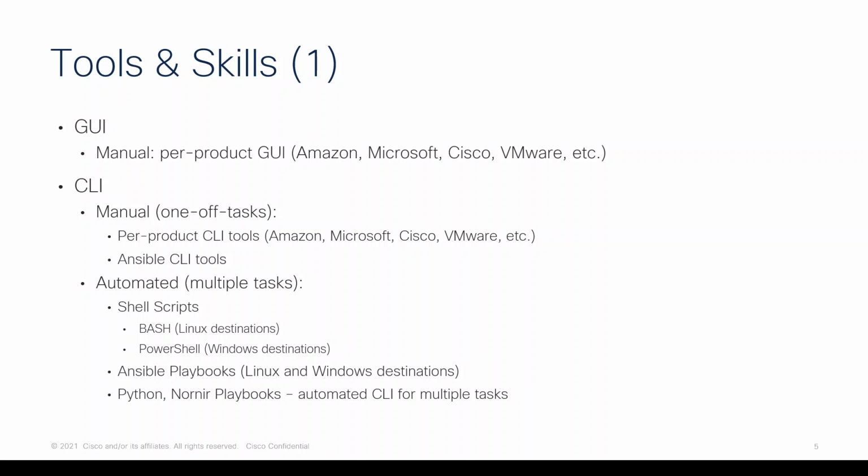Now, for the automation of multiple tasks, we have things like shell scripts, which combine single commands that are typically executed manually via CLI, and they're collected into files. So Bash scripts for Linux are typically held in .sh files, and PowerShell scripts for Windows are typically held in .ps1 files.